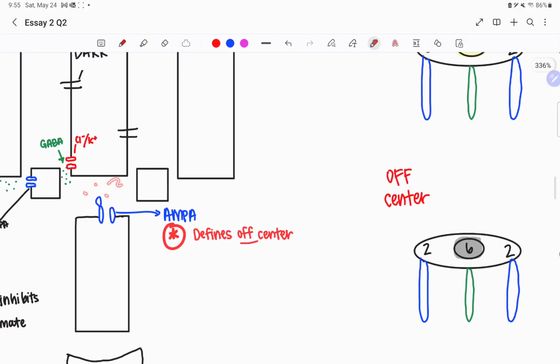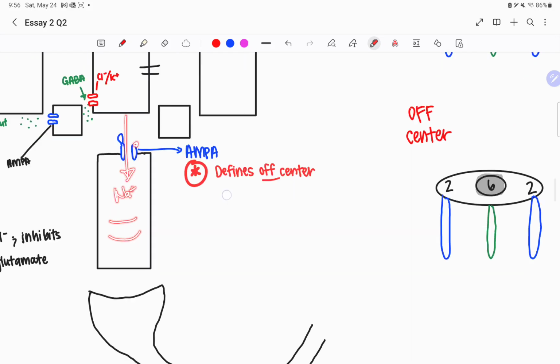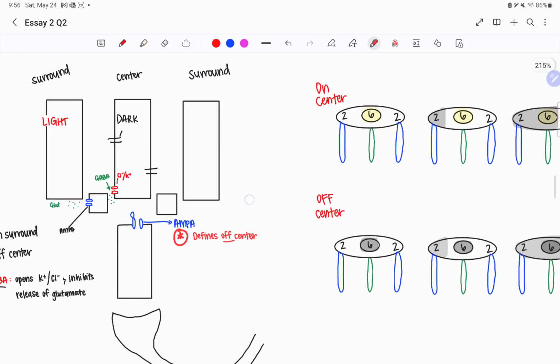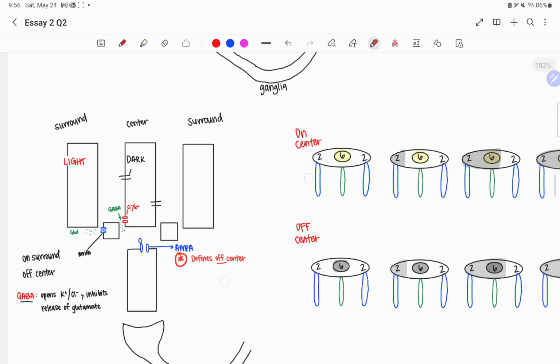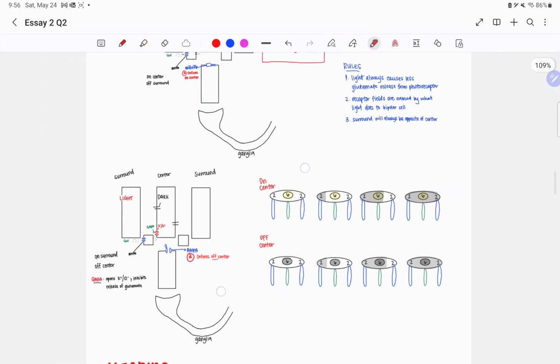Okay, more glutamate in here in the dark activates AMPA, opens the channel. Sodium comes in, causes an action potential. All right. I know, it's kind of crazy, and it's difficult to understand. But that's the only difference between these two.